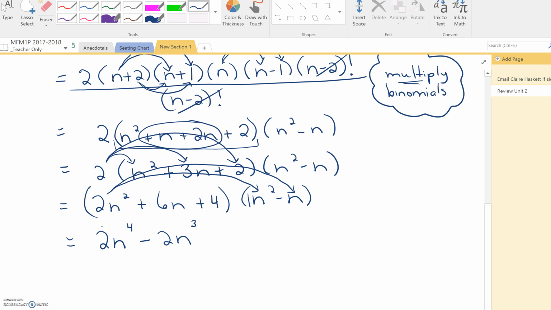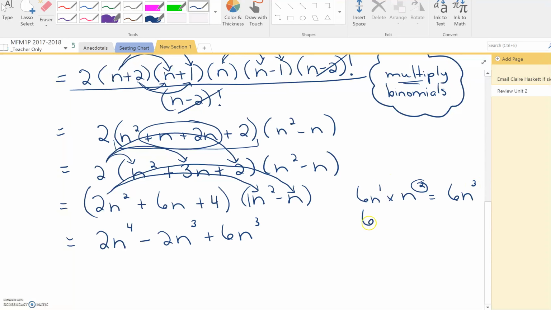Let's do the 6n. So what is 6n times n squared? 6n to the power of 3. Yes, because there's 2 here, right? And there's 1 here, and that's why it's 3.